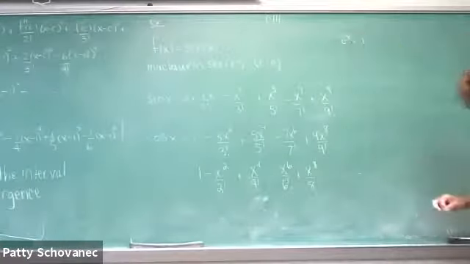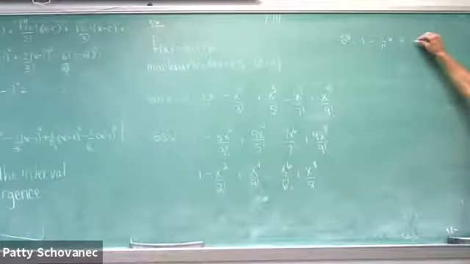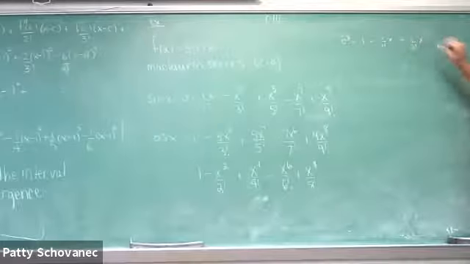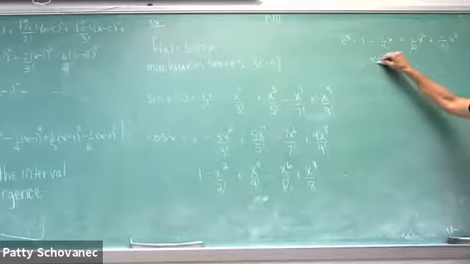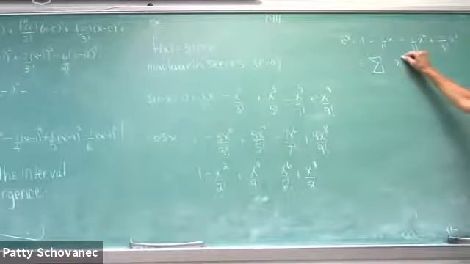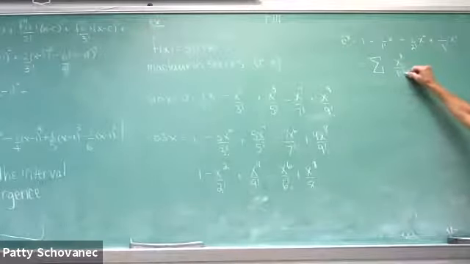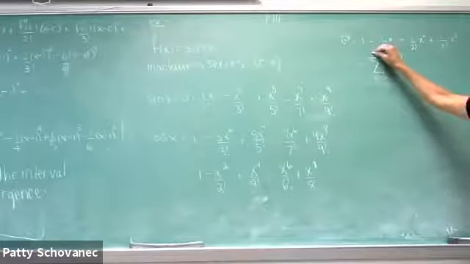F prime of 0 is 1, so 1 over 1 factorial times x. F double prime of 0 is 1 over 2 factorial x squared. F triple prime of 0 is 1 over 3 factorial times x cubed. Can you write that for me in summation form? X to the power of k over k factorial, where k goes from 0 to infinity.